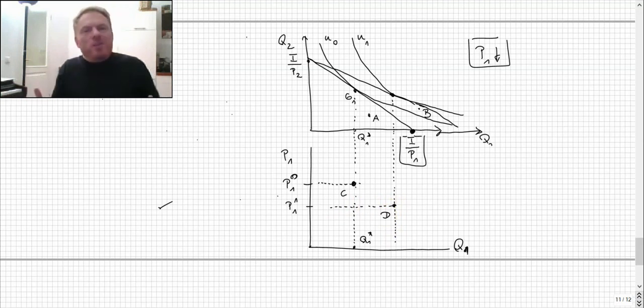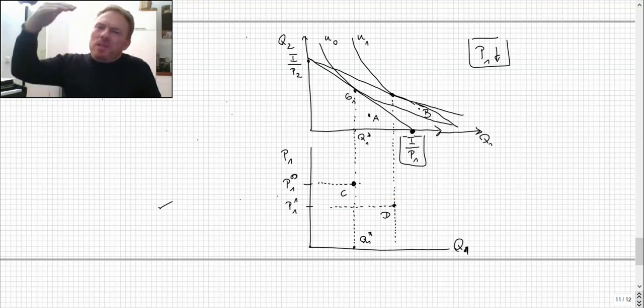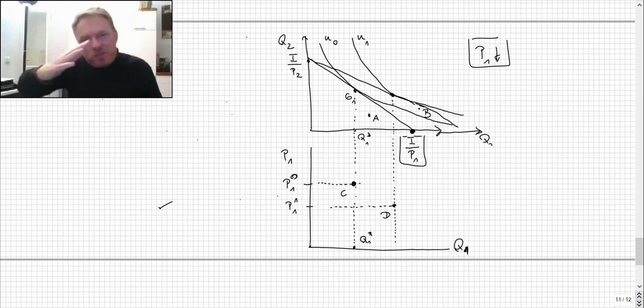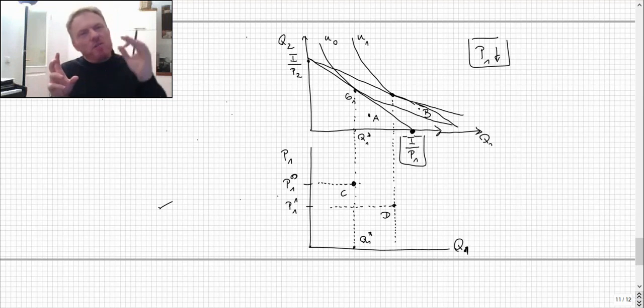And so, as a result, if we do this again and again, if we further let the price go down, the budget constraint is going to shift again a bit to the right, leading to a new optimal point that is a combination of a price that went down and a quantity that went up.